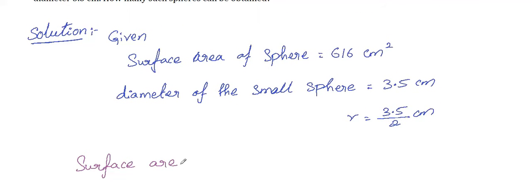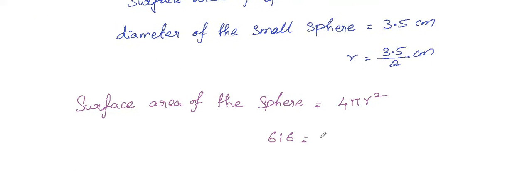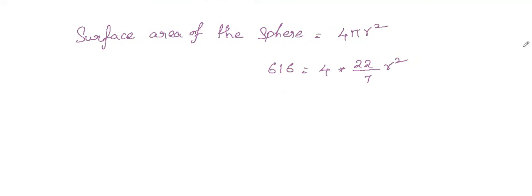So now find the radius of the bigger sphere. For that, use surface area of the bigger sphere. So surface area is equal to 4 pi r square. Surface area is given as 616. So if you simplify that, we'll get 616 is equal to 88 by 7 r square.